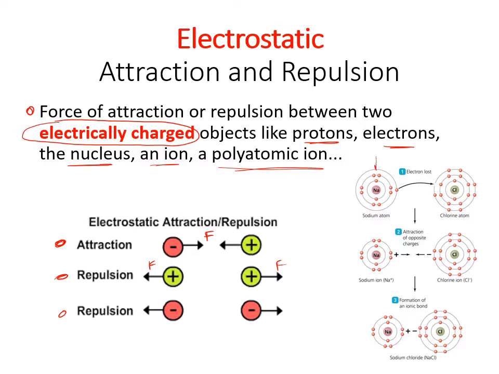Remember, this has low ionization energy and this has a high electronegativity. After that occurs, the entire sodium is a plus and the entire chloride is a minus. So they are attracted to each other. Therefore, they come closer. It's this closeness that I want to examine.